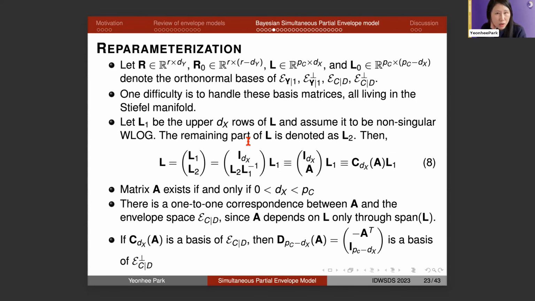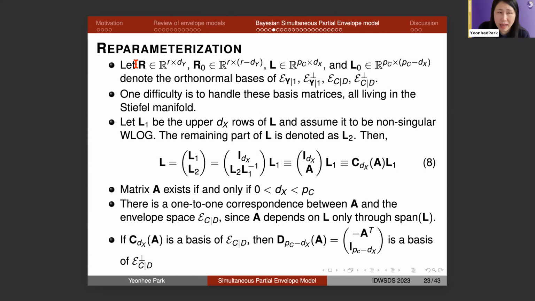So let's see the coordinate form with the reparameterization. In the traditional envelope model, the challenging thing is to estimate the basis matrix of the envelope space. So in our work, we transform to Euclidean space to estimate the basis matrix.